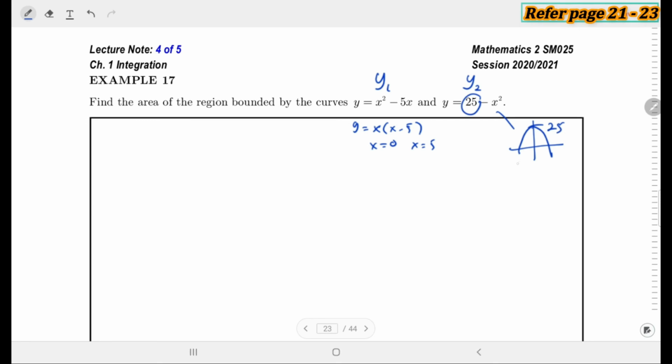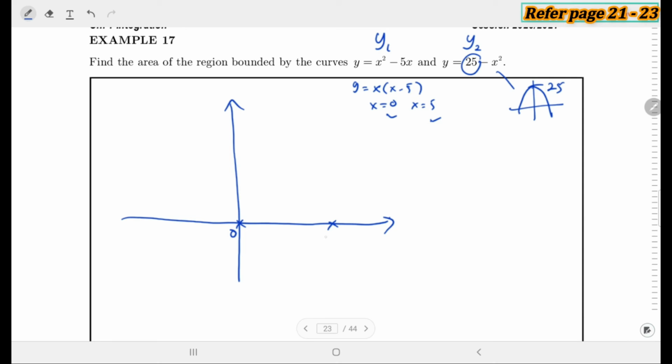So let's start to sketch, just a simple sketch. 0 and 5, let's say it's around here. How about the roots here and here? The roots are 25 minus x squared, 5 minus x, 5 plus x, so x equals plus or minus 5.